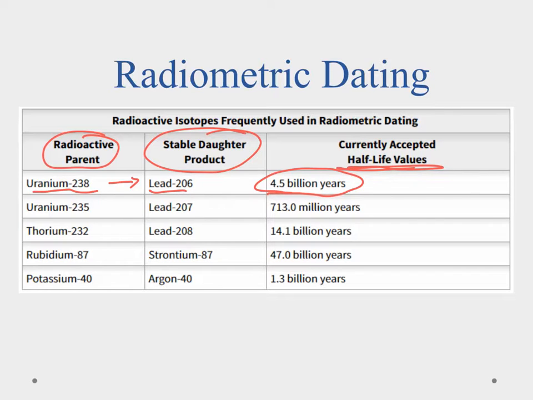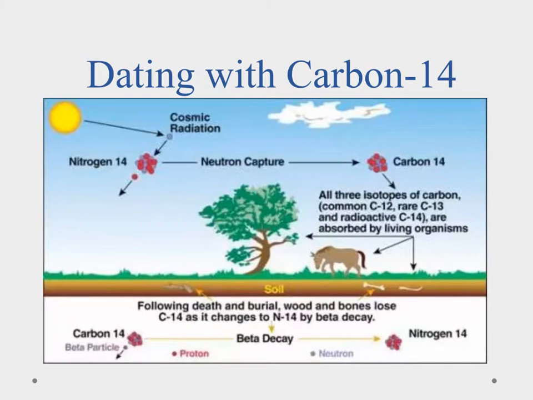Half of it has decayed down into this lead-206. And you can see some of the other ones here as well. We have uranium-235, thorium-232, potassium-40, and these are all different radioactive isotopes that we use for some of this radiometric dating.